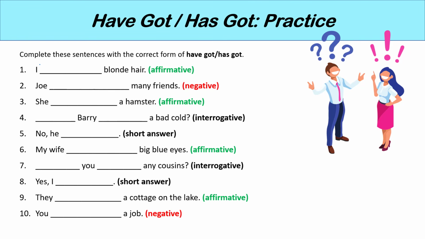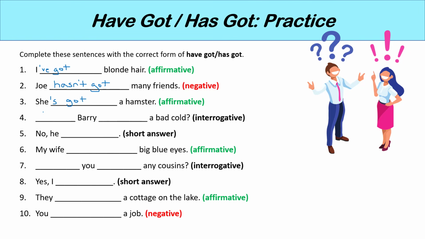Number 1, I've got, or I have got, blonde hair. Number 2, Joe hasn't got many friends. Number 3, she's got, or she has got, a hamster.